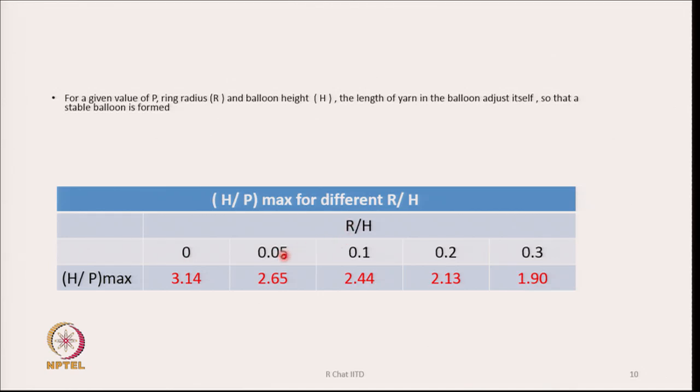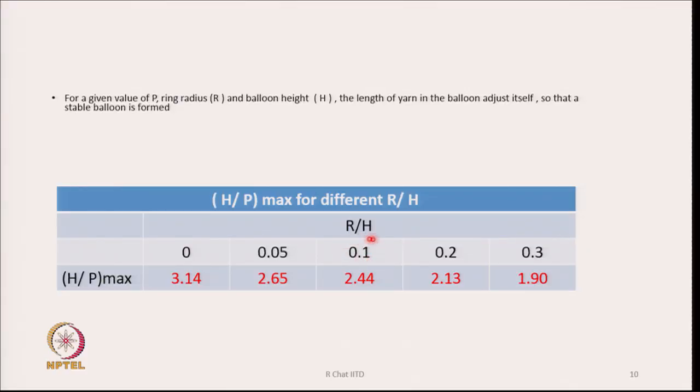When r by h is 0.05, the maximum value of h by p is going to be 2.65. So, to be on the safe side, h by p should be less than 2.65. This is the threshold value. If we cross this, then a node is going to be formed.